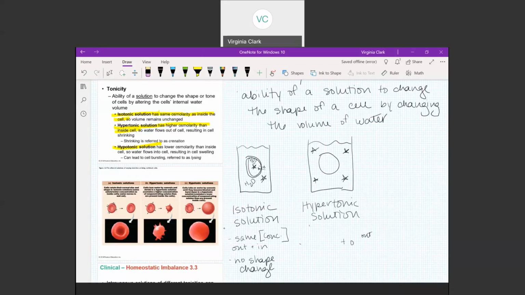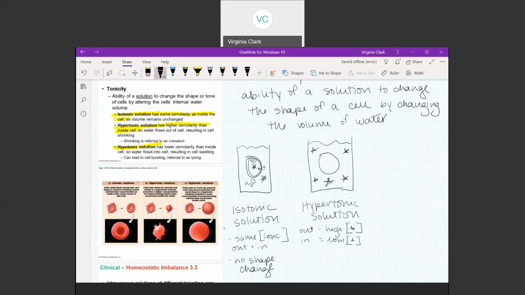So let me draw how I would do this. Sorry, y'all. Like I said, this is a very confusing process, so make sure you're tracking exactly how you're doing it. I'm going to break it down one by one. In a hypertonic solution, outside the cell you're going to have a high amount of items. So these are our stars. If you have a high amount of items out of the cell, that means inside you're going to have a low concentration of whatever items you have.